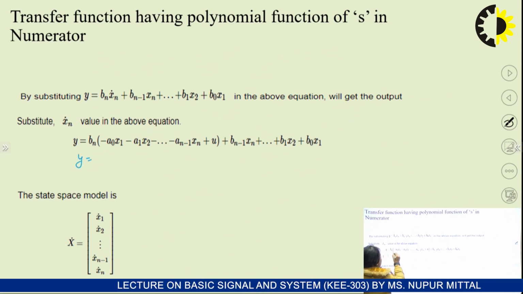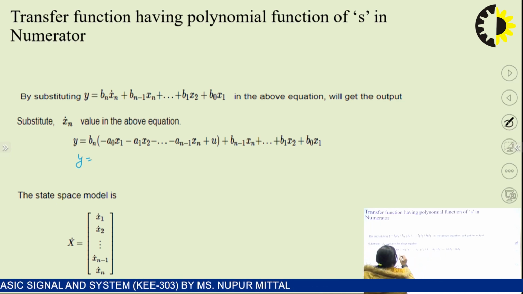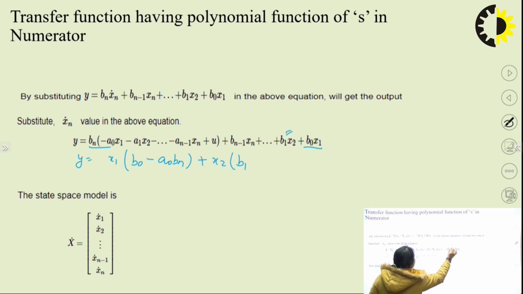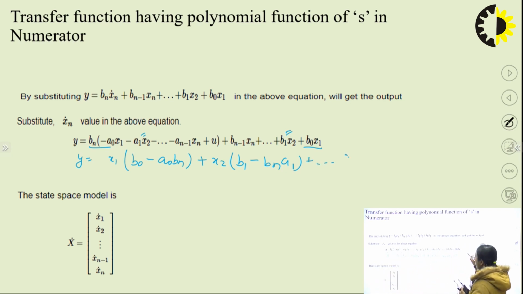So y will be equal to यहाँ पर x1 अगर हम कॉमन ले रहे हैं तो क्या हो जाएगा, उधर से b0 यहाँ से और यहाँ से क्या हो जाएगा bn minus a0 into bn, right. Then plus मैंने x2 कॉमन लिया, इधर से मुझे मिला b1 और इधर से मुझे मिला minus of bn into a1, right, up to so on. And मैंने लिया then xn कॉमन and I will be getting here bn minus k1 minus of bn into an minus k1, right, and last में bn into u will be the constant, right.